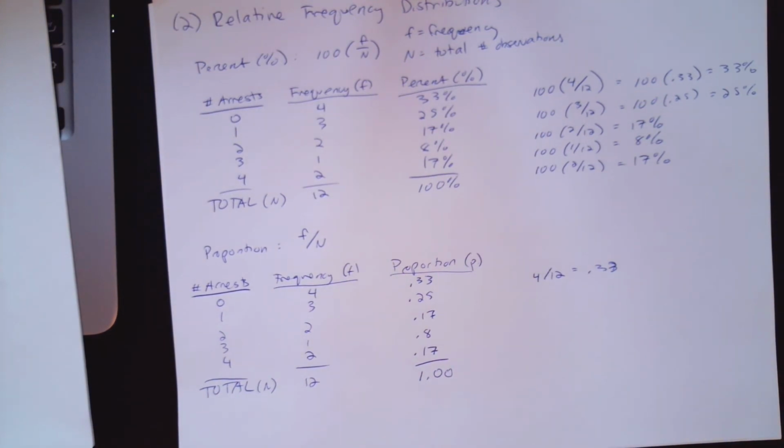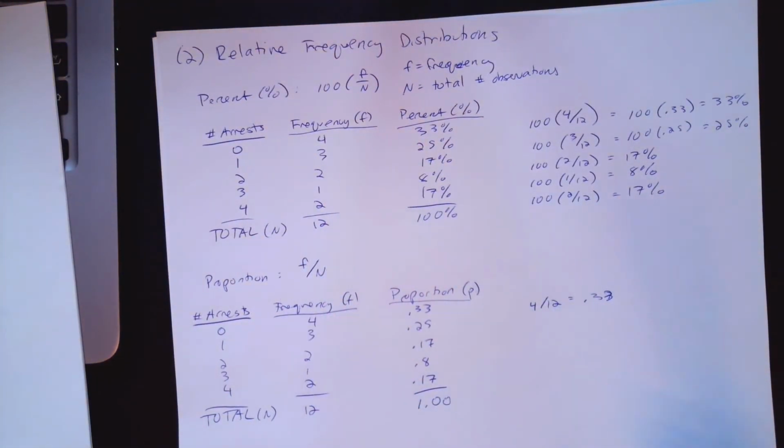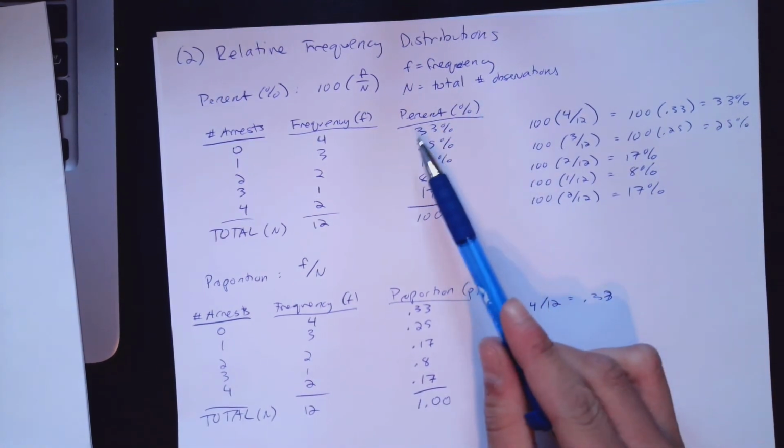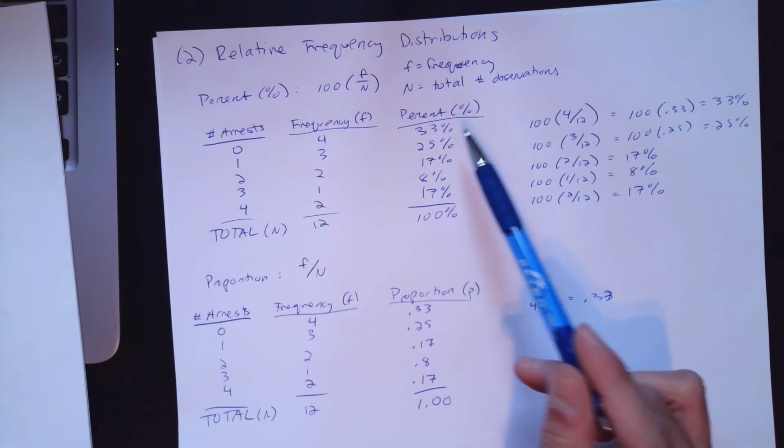So just the thing to keep in mind is that a proportion and a percent give you the exact same information. The only difference is that with a percent, you're expressing it out of 100. So it's basically the number of observations you would have out of 100.